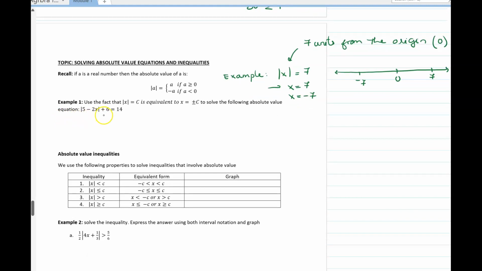In order to do that, I will subtract 6 from both sides in this case. So the absolute value of 5 minus 2x equals 8. Then I will split this into two cases, where 5 minus 2x equals 8 or 5 minus 2x equals negative 8, and solve these equations independently.